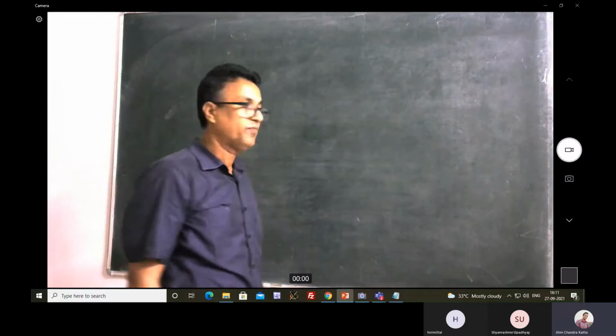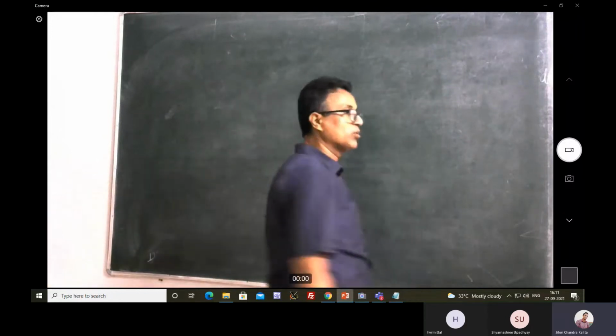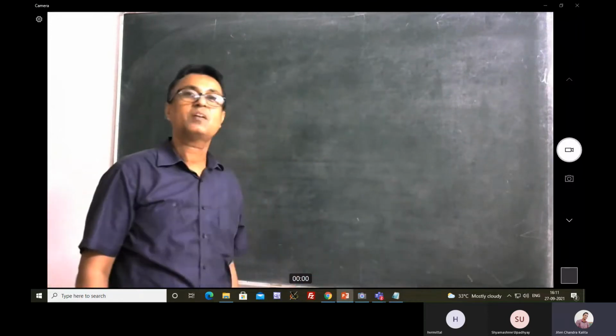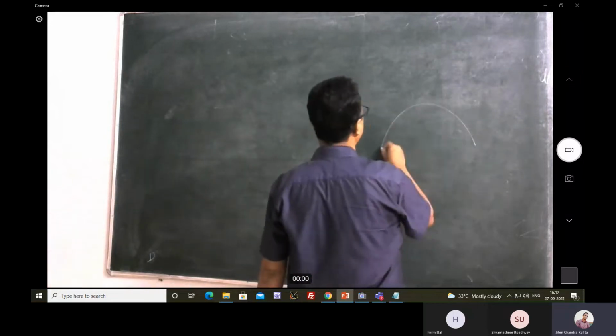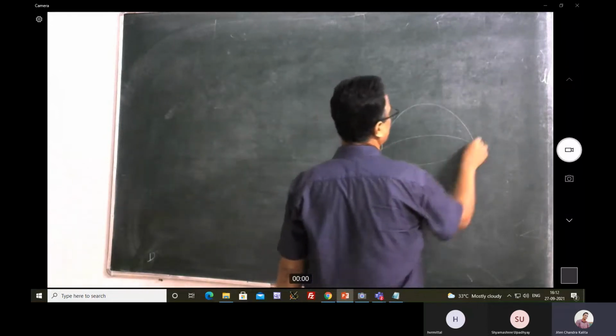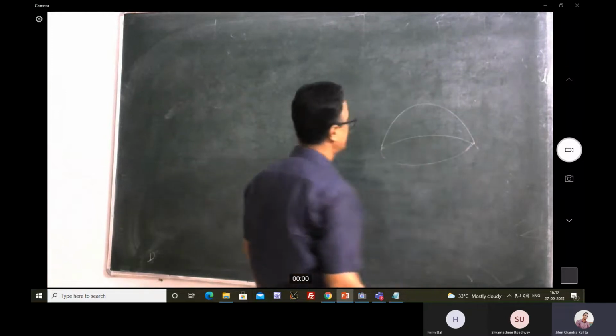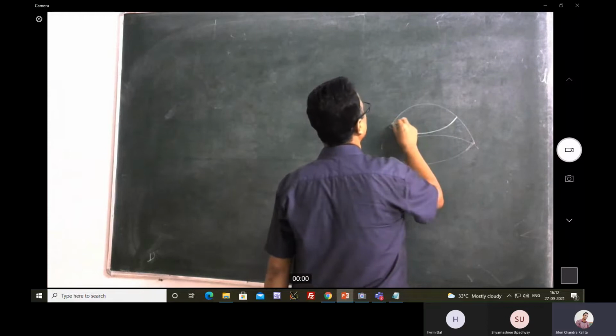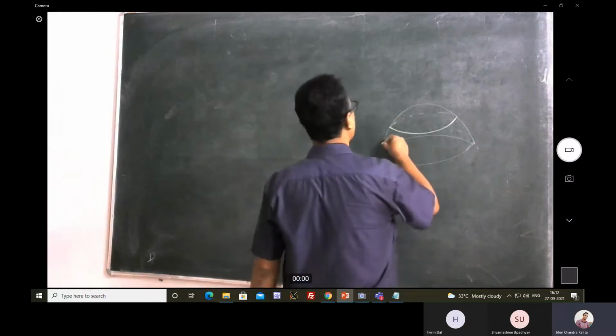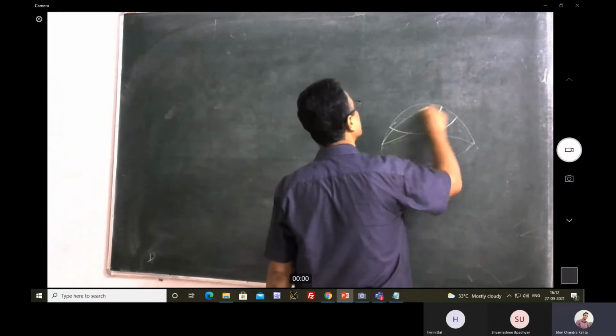Now, positively oriented surfaces: suppose you are given some surface, and suppose you can enclose it with some boundary. I can consider a hemisphere like this, and enclose it with some boundary like this. I can even consider something like this also.